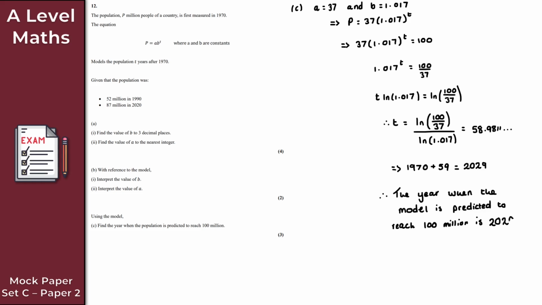Okay. And there we have it then, right? So all things considered, pretty straightforward. Just be careful that you do give it as a year, as opposed to just the value of T. That's the only thing to be slightly careful of there. But there we have it then. So that gives the solution here to part C and the solution to question 12.